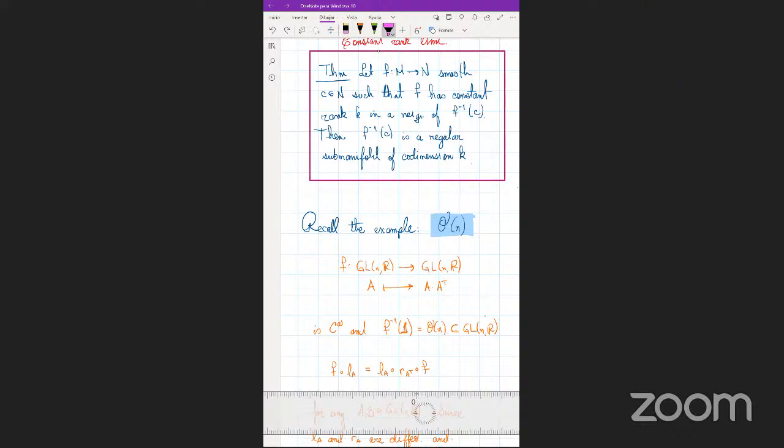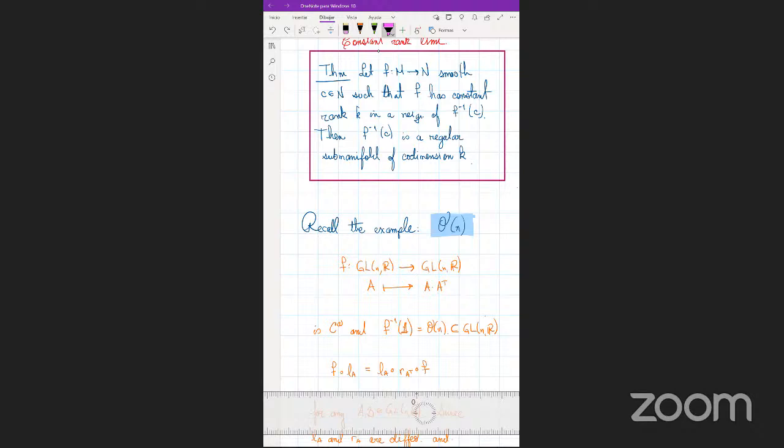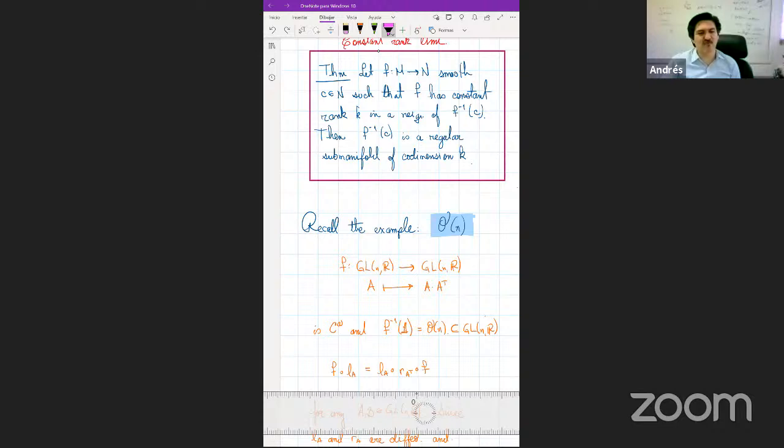On was SLn, right? No, they are different. SOn is different from On.